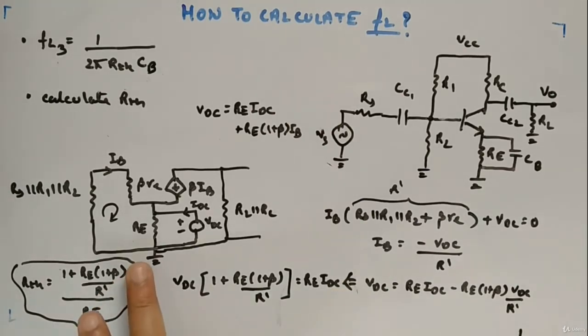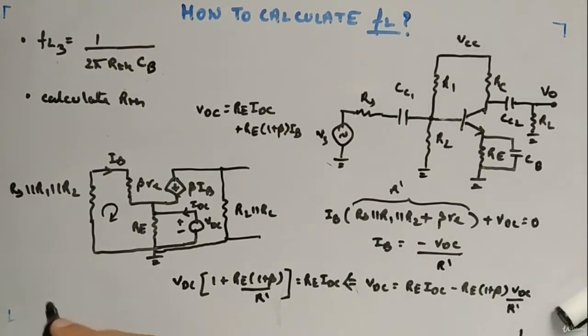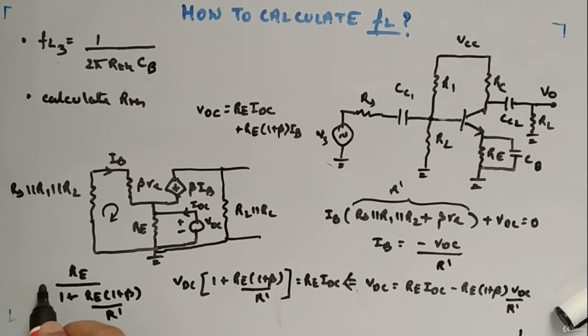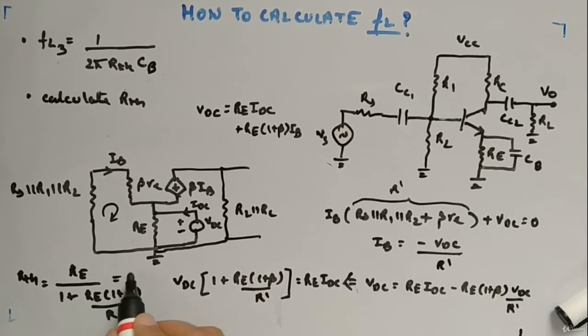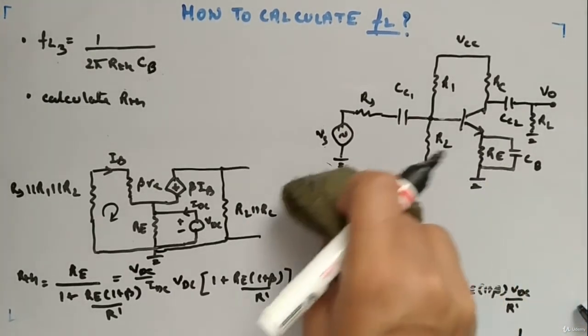So if I calculate VDC divided by IDC, I have written the wrong expression. So here VDC divided by IDC will be capital RE divided by (1 plus RE (1 plus beta) divided by R dash), that will be RTH. Okay, so you got this expression. So I'll remove everything, since you got the expression.